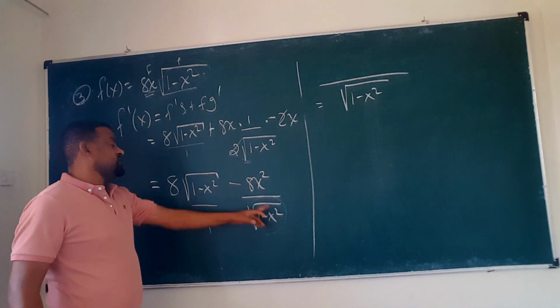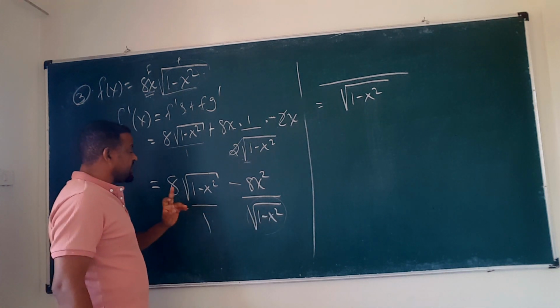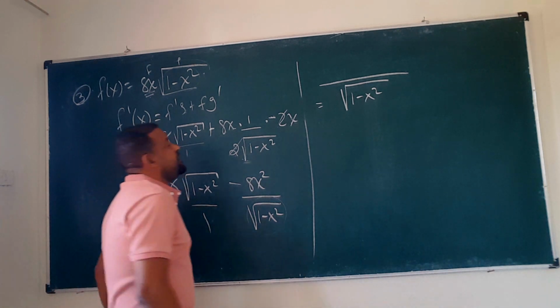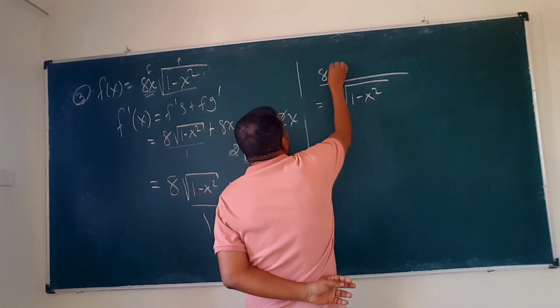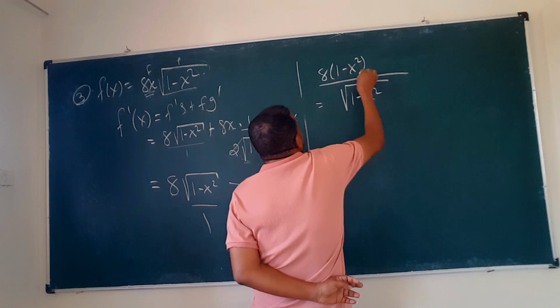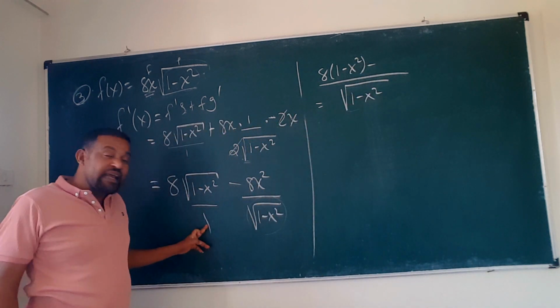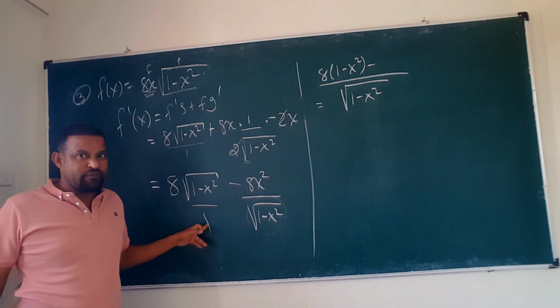Radical of 1 minus x squared divided by 1 is radical of 1 minus x squared, times radical of 1 minus x squared, the radical cancels and 1 minus x squared remains. So 8 times 1 minus x squared remains.